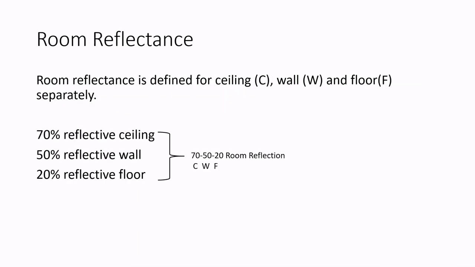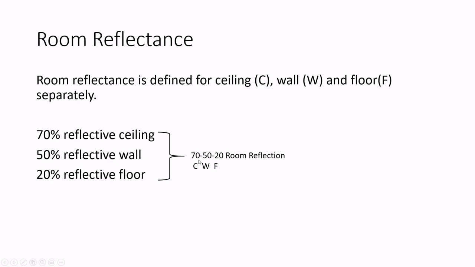Room reflectance is defined for ceilings, walls and floors separately. Here I have given an example. If your ceiling is 70% reflective, the wall is 50% reflective and the floor is 20% reflective, your room reflectance will be 70, 50, 20, CWF.